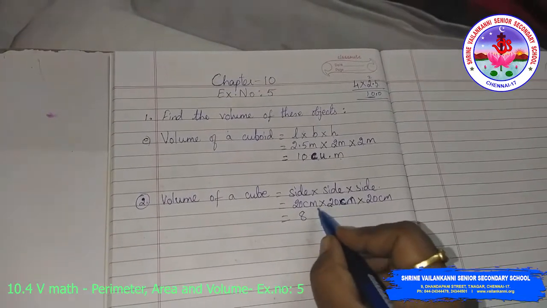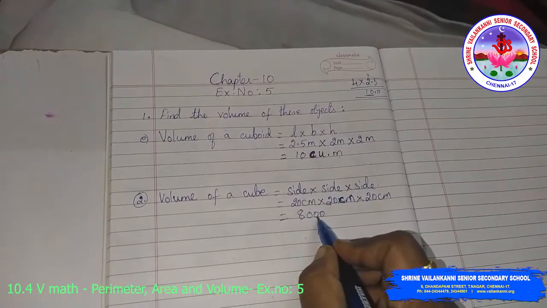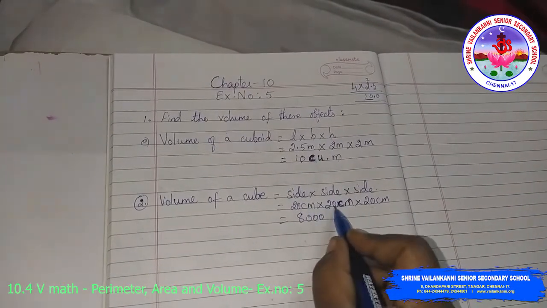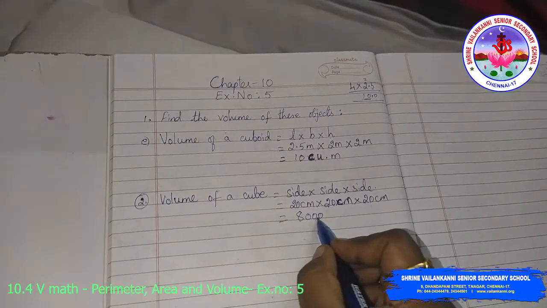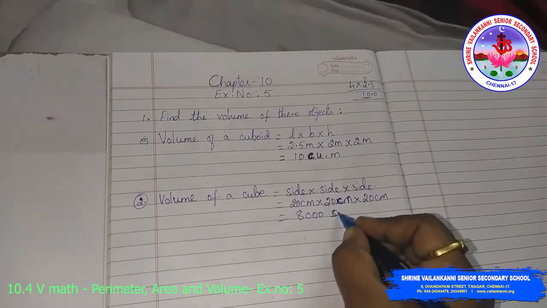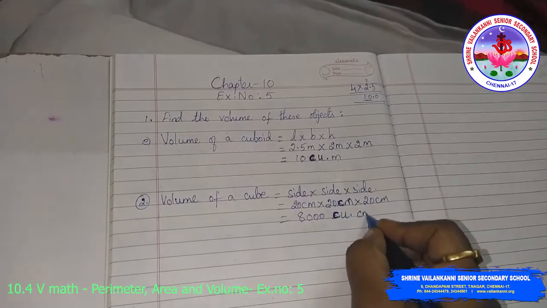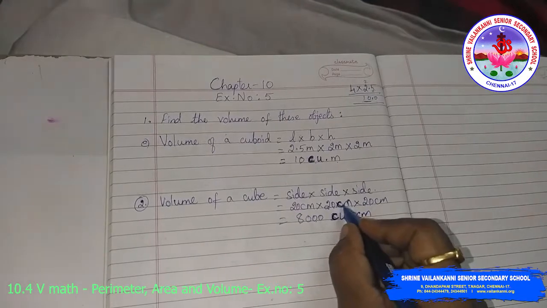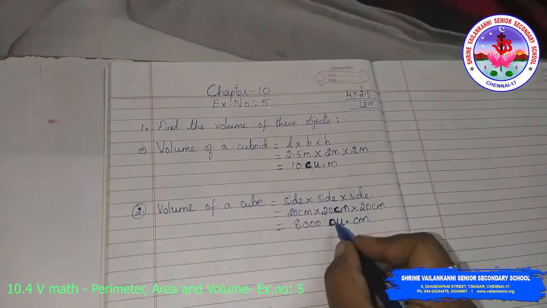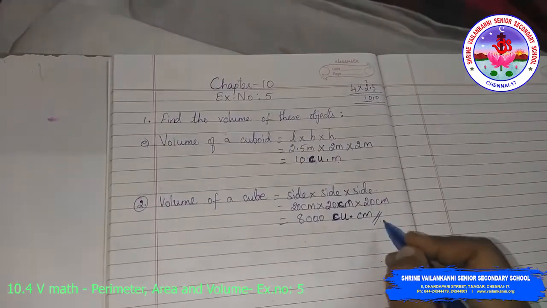Then I add all the zeros here, so 8,000. Finally, if I multiply 20 into 20 and then again 20, I'll get 8,000. So I'll write 8,000 cube centimeter. Here the unit is centimeter, so cube centimeter. This is your answer.